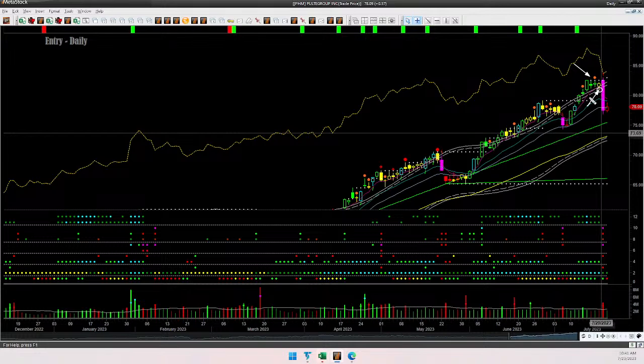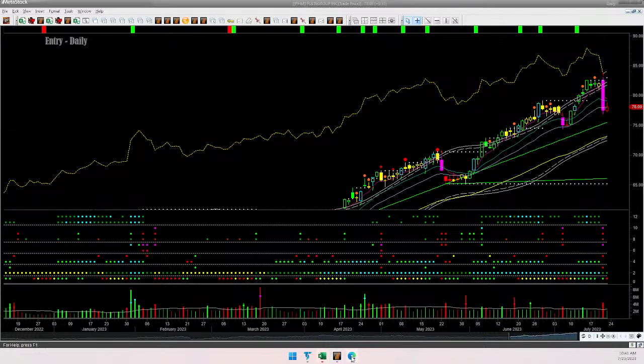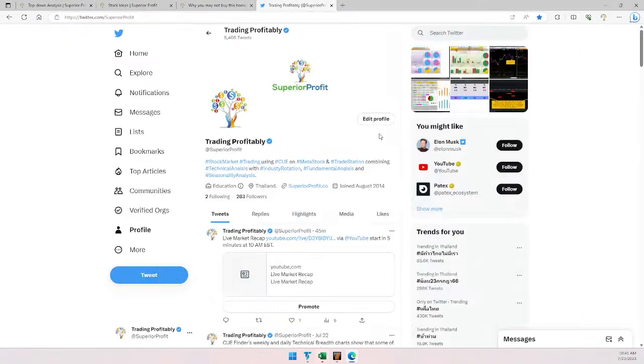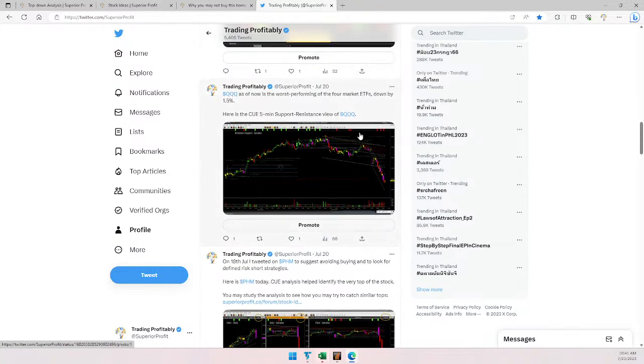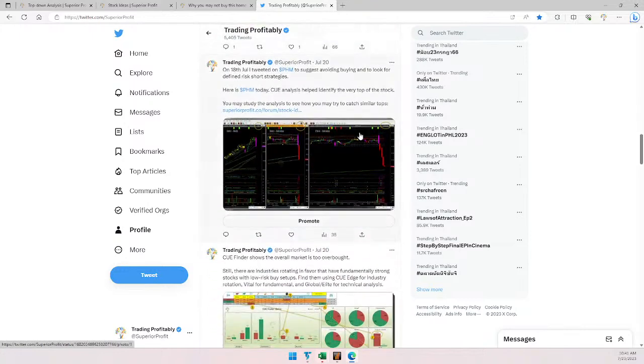And when it came down to the low, I think I tweeted about it. Let's see. It had a significant percentage profit. Not enough for me to book the profit.